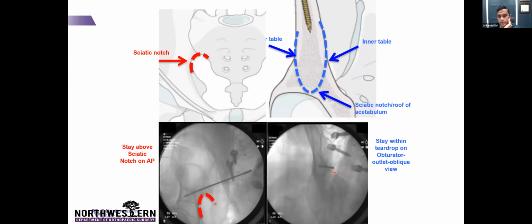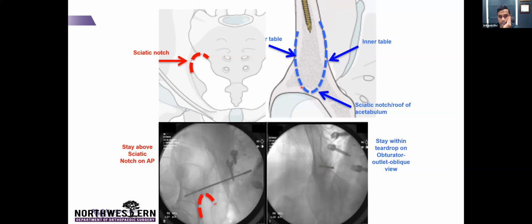Then I go over to my obturator oblique view with the outlet view. Now I switch to finding the right corridor of bone, so I get my medial-lateral trajectory. The first part is getting the right inferior-superior trajectory, and then the next is the right medial-lateral trajectory.